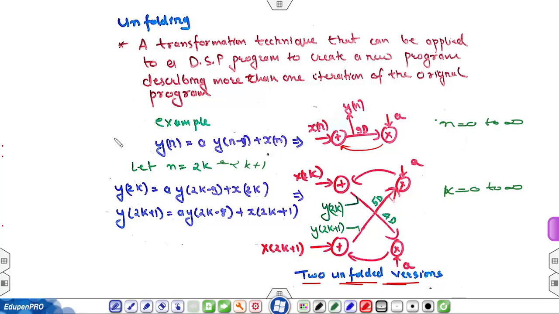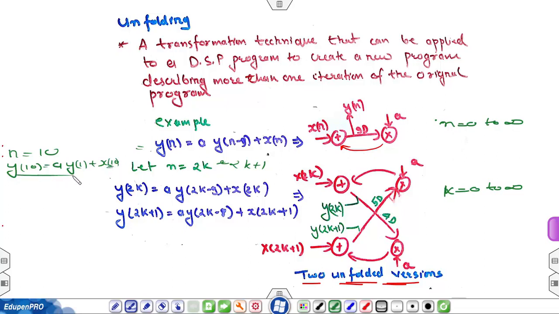So this can be verified for any value of n. Let's say n is equal to 10. y[10] will be equal to a·y[1] + x[10].